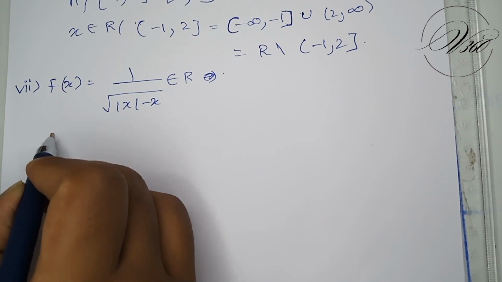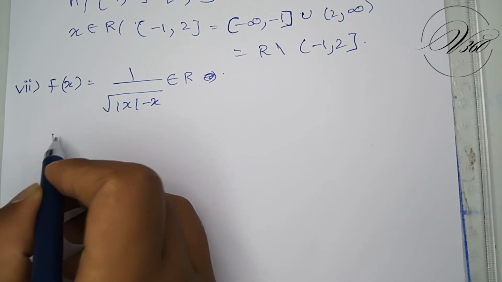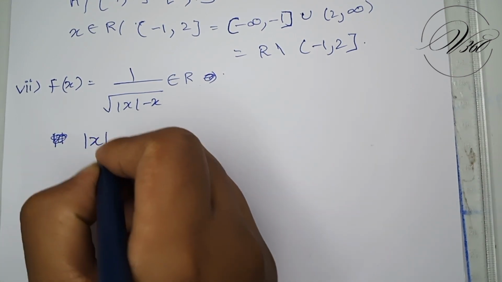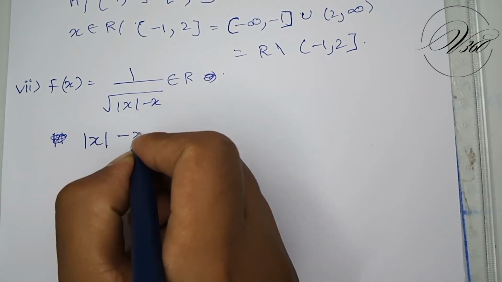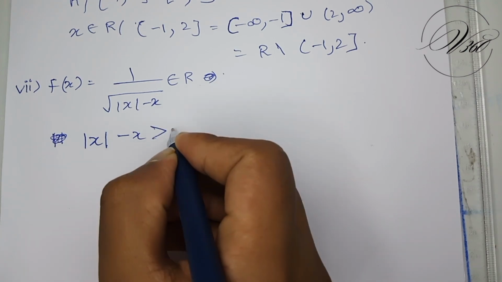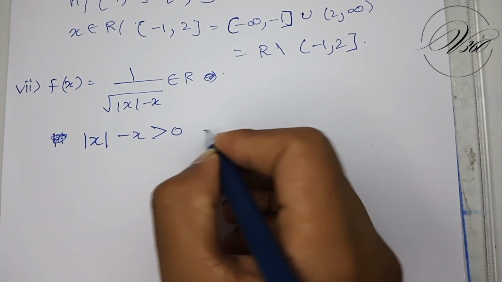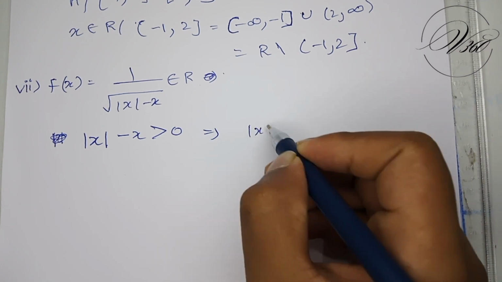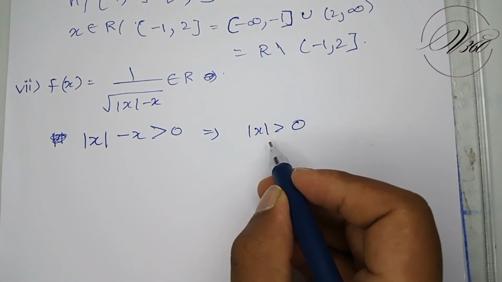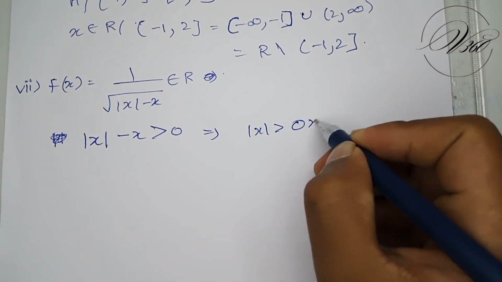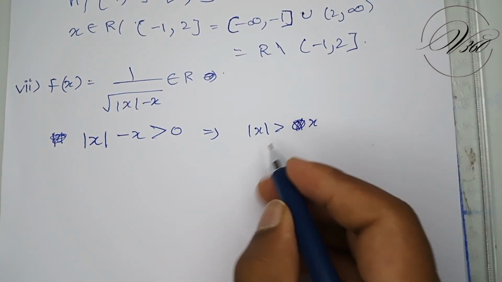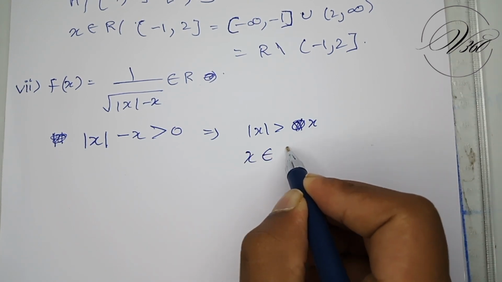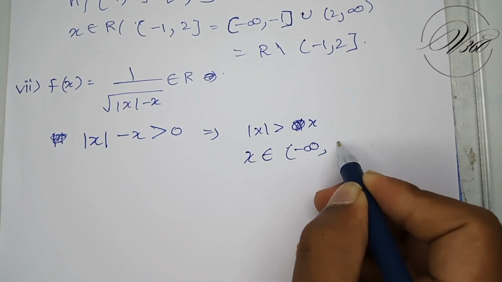Now here we can take modulus x minus x greater than 0, that is, modulus x is greater than x, sorry, this was a mistake, and we'll take x belongs to minus infinity to 0.